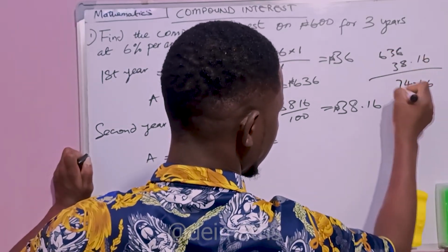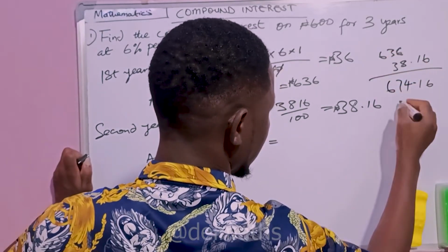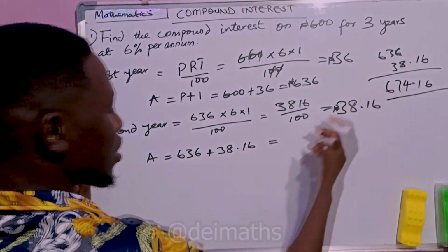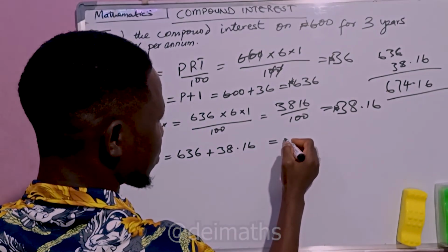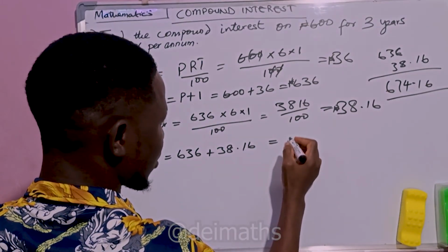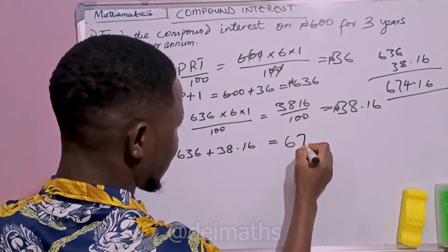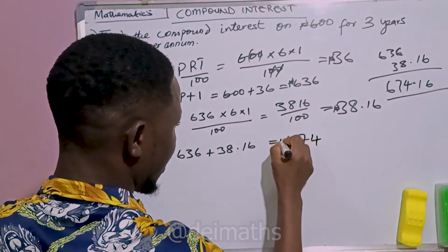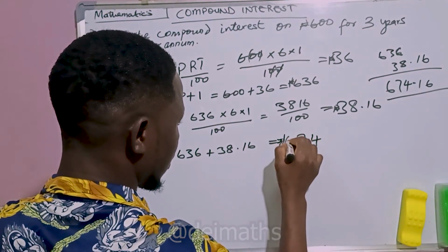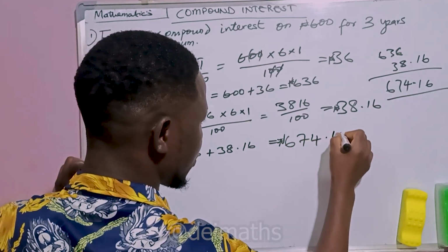That is 6, 7, 6. So my amount after the second year becomes 674 naira 16 kobo.